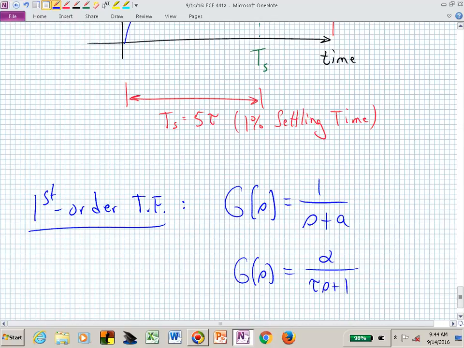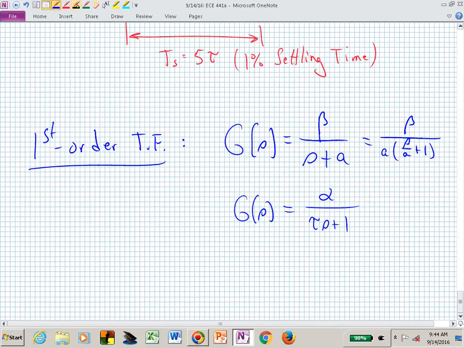Meaning, if we had a beta up here, that would give us a different gain, and we could now factor out the a so that we have an s over a plus 1 and a beta. And now do you see that alpha is beta over a and tau is 1 over a in the first order model that somebody gave us before? But this one is the one that we will use because what's the DC gain of that transfer function?